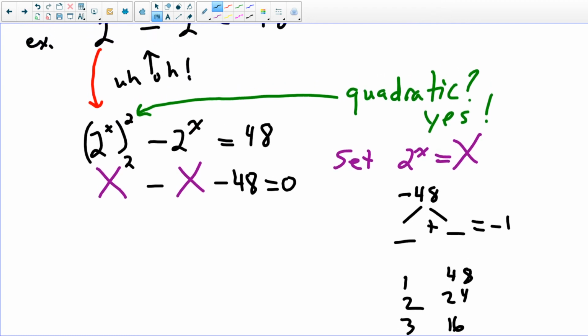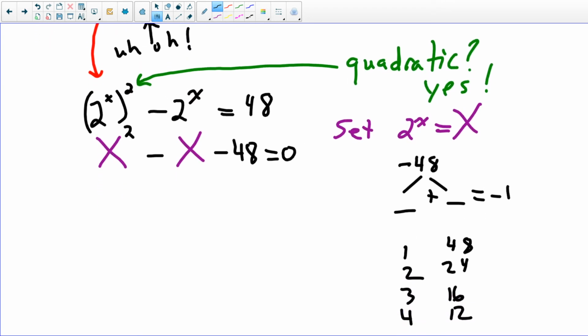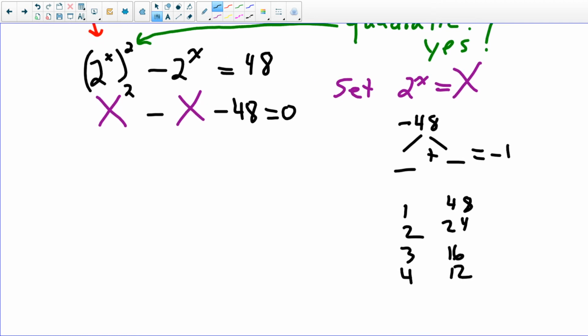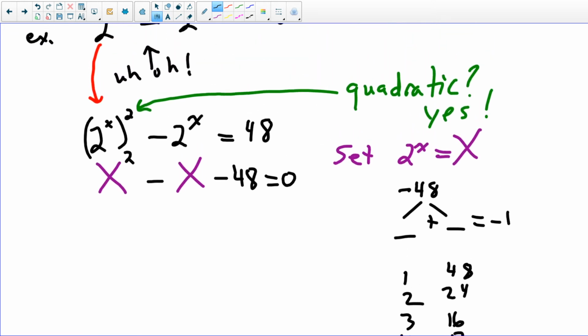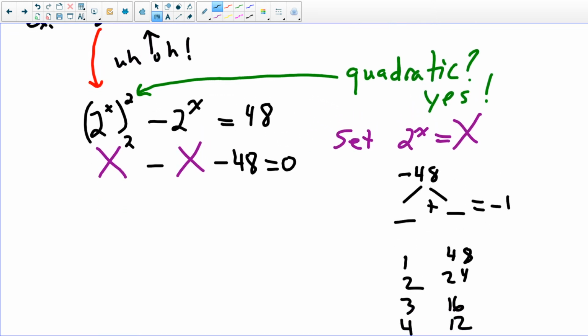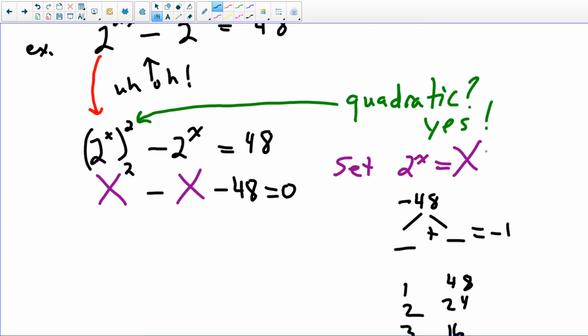Okay. I would like it to be factorable. So, if we change this to, sorry folks. Okay.